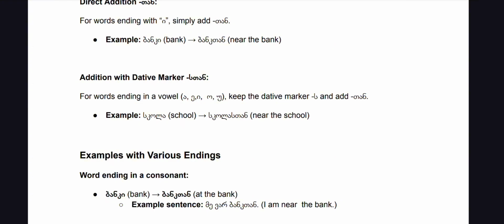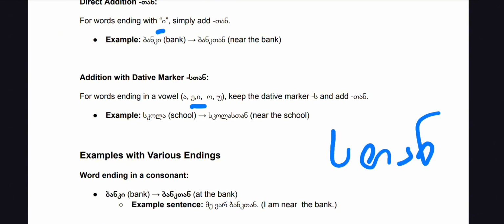If you notice, we have E here and also we had E here. So in which case you have to add E plus s plus tan, I will show you. If you have a name, for example, Natali, which originally ends with a vowel E, then you don't have to drop it.